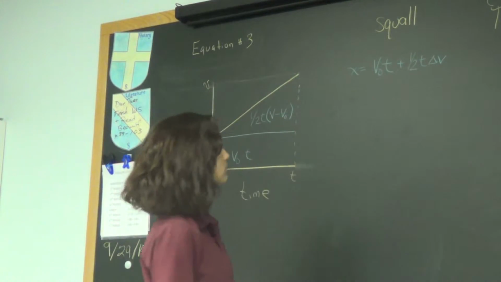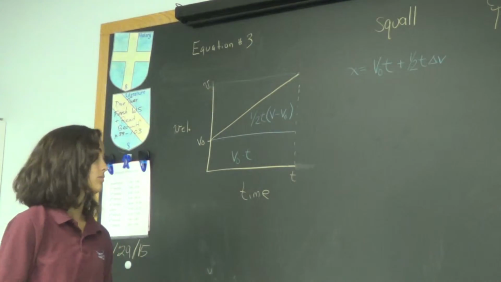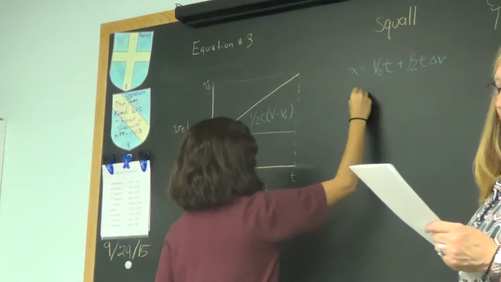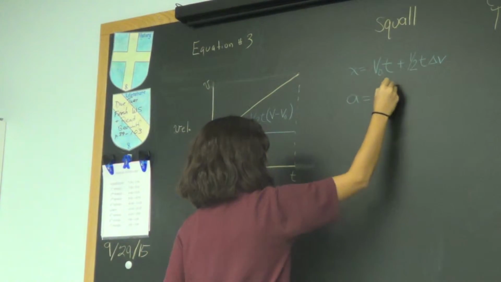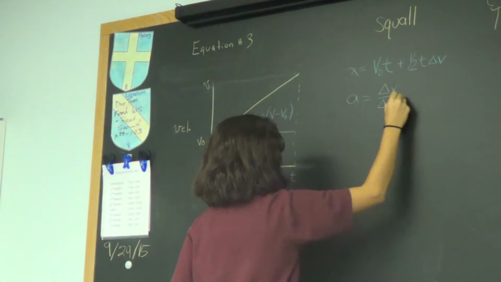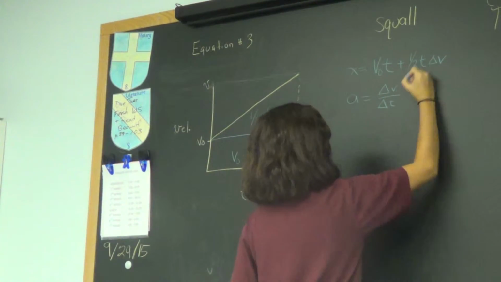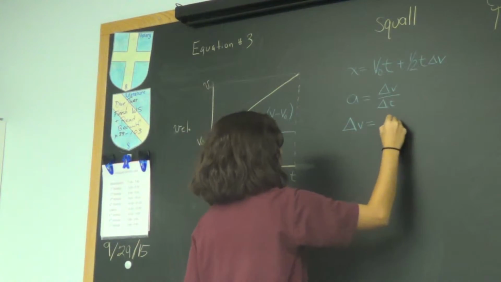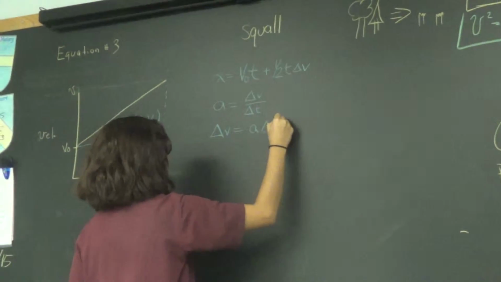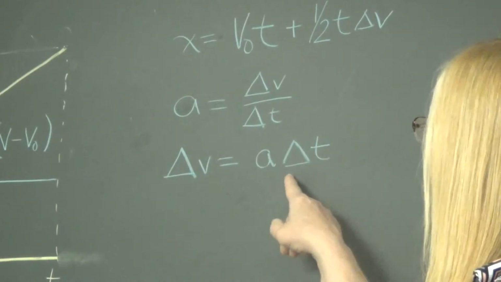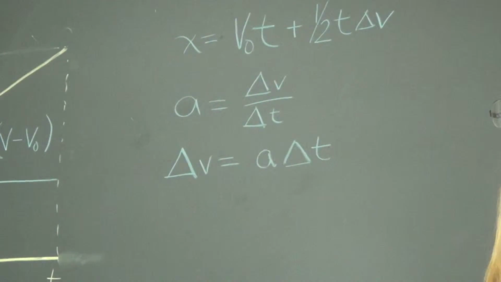All right, underneath that, I want you to give me the acceleration equation again. So acceleration is change in v over change in t. And I want you to solve that for change in v. All right, now I'm going to substitute, and change in time, because time is always starting at 0 in almost every single problem.